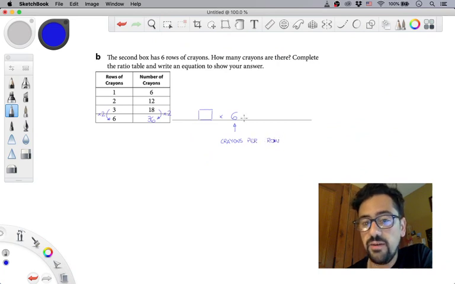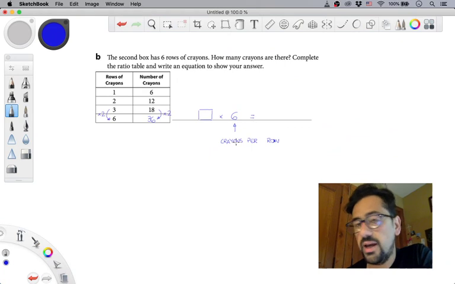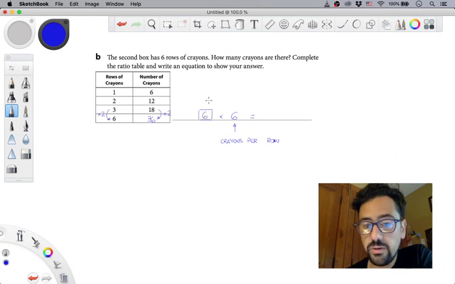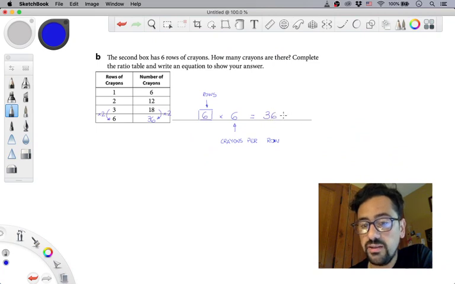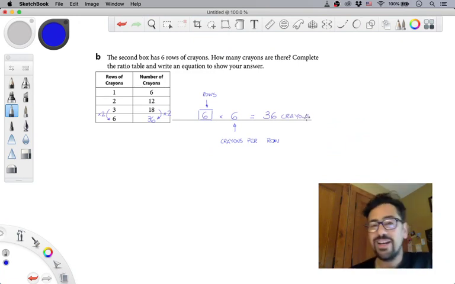And that is going to give us whatever result. In this case, if I plug in the numbers of the problem, since I have 6 rows, I'm going to write it here, 6 rows times 6, which is the number of crayons per row, is going to be 36 crayons. Okay. So this is how to solve problem letter B.